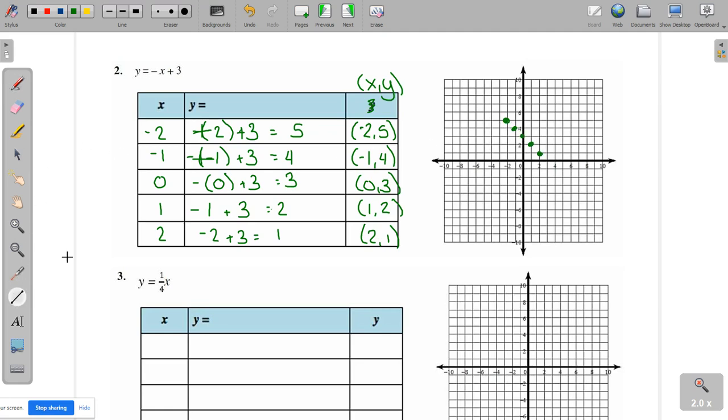Connect the points to make, let's make a line. And then put arrows on the end. Remember, edge to edge.